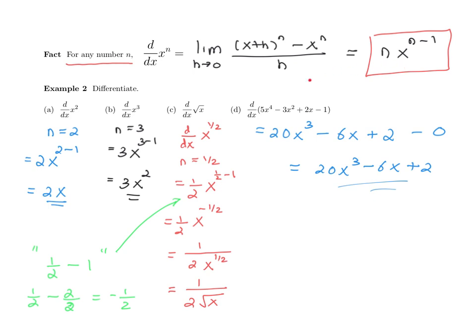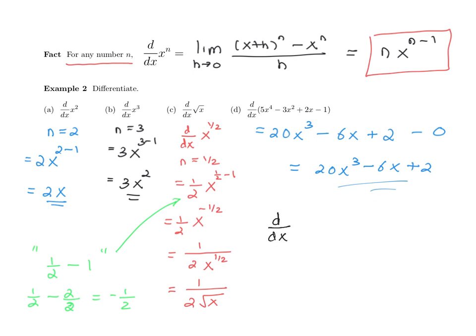So we're basically applying this rule with the added idea of if there's a number here, you can take the 4 and multiply it to the 5, and then subtract 1 from the exponent, and we work our way down this expression.